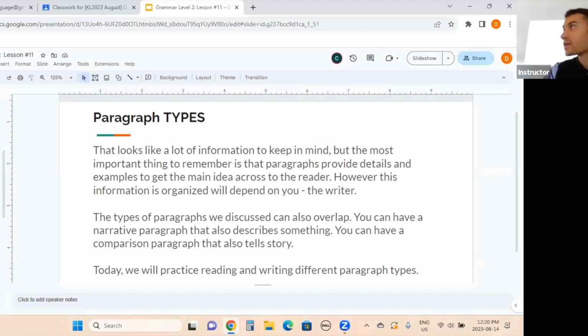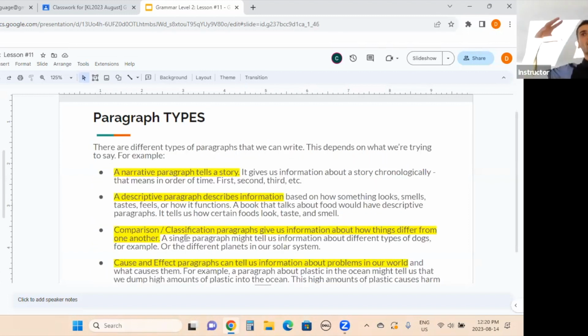Here's another thing too. All the paragraph types that we've mentioned can overlap each other. You might not write just one kind of paragraph type. Sometimes you'll start off writing a narrative paragraph, but you're also describing things.